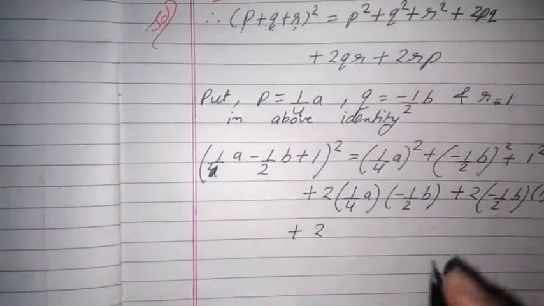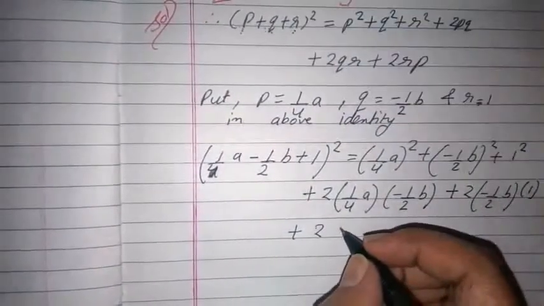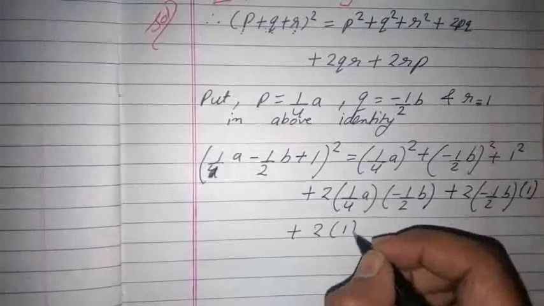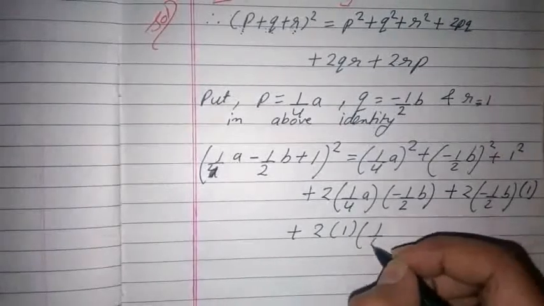So 2 is 2 and r is 1 and p is 1 upon 4a.